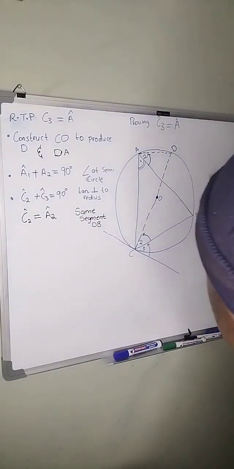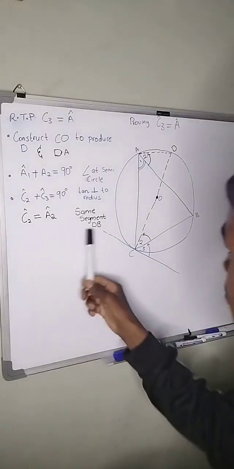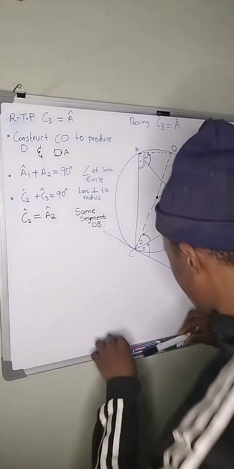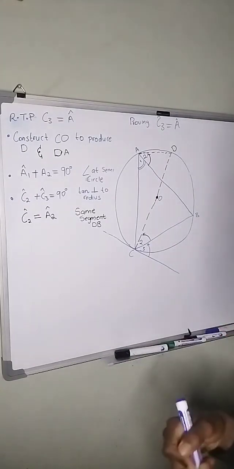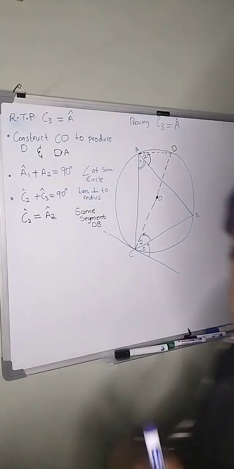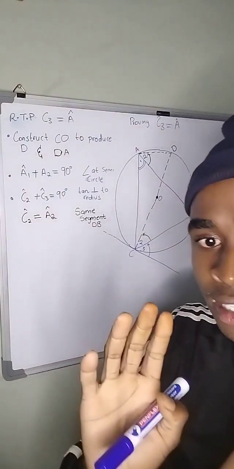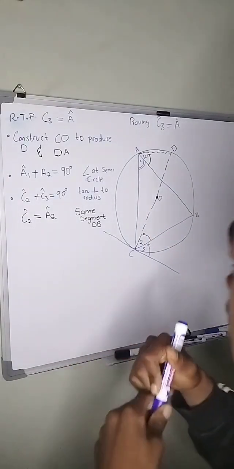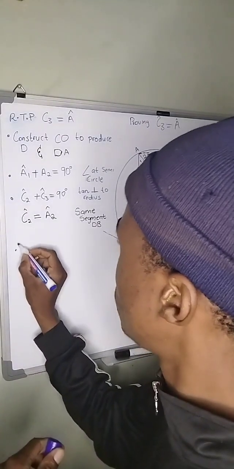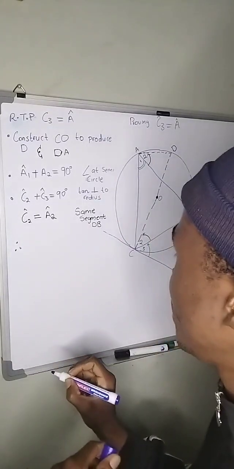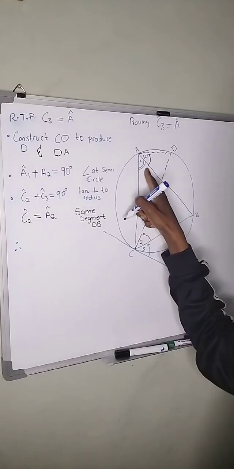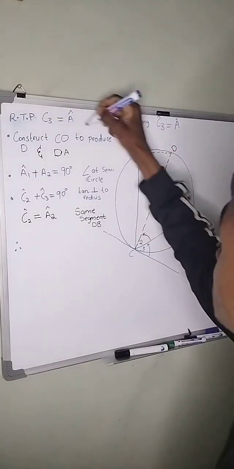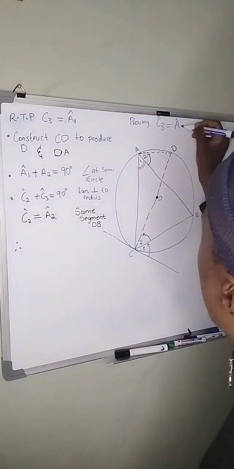And now we have the arc DB. And now what are we concluding? I'm going to write both statements. I'm going to write, because I'm proving C3 is going to be equal to A1, let me just say 1 here and 1 here.